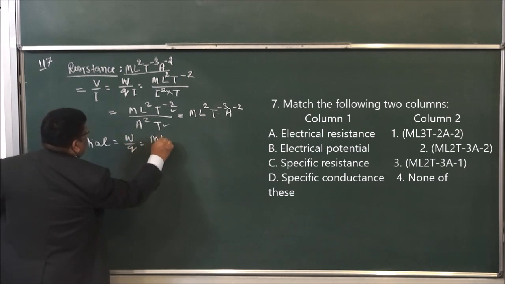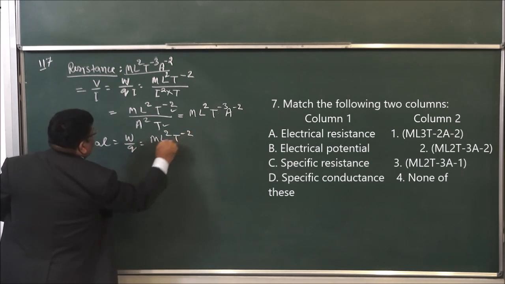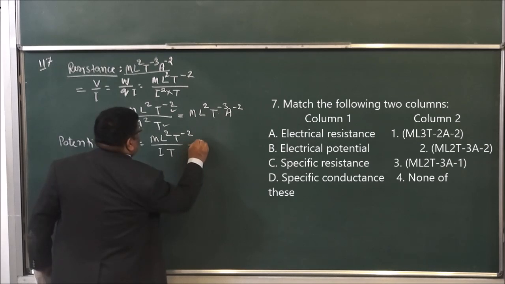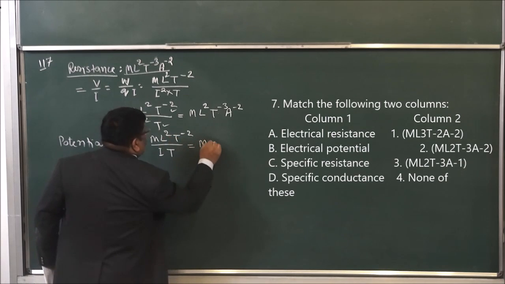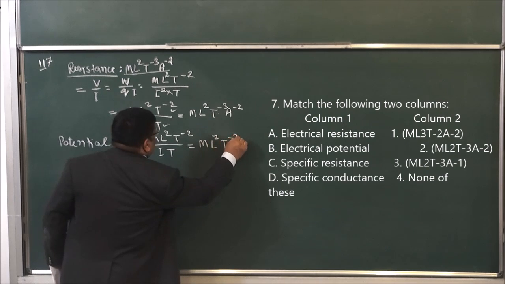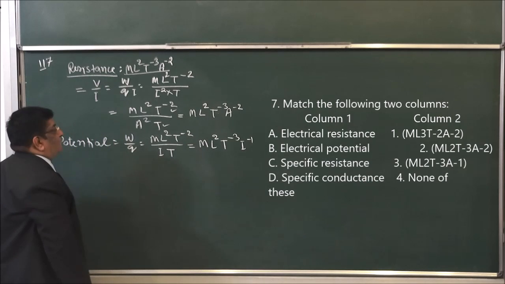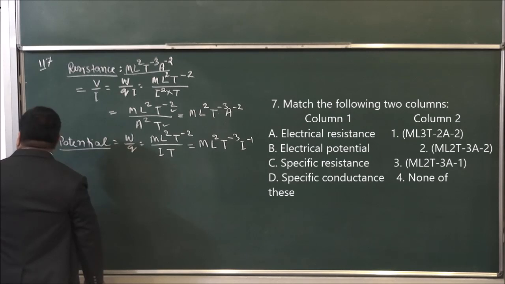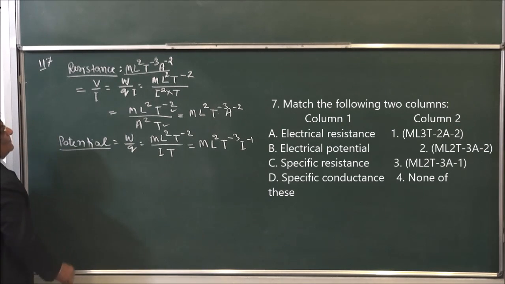This work is ML^2 T^-2 upon charge, which is I multiplied by T. So this is equal to ML^2 T^-3 I^-1. This is potential. Now we go for the third quantity, that is specific resistance.